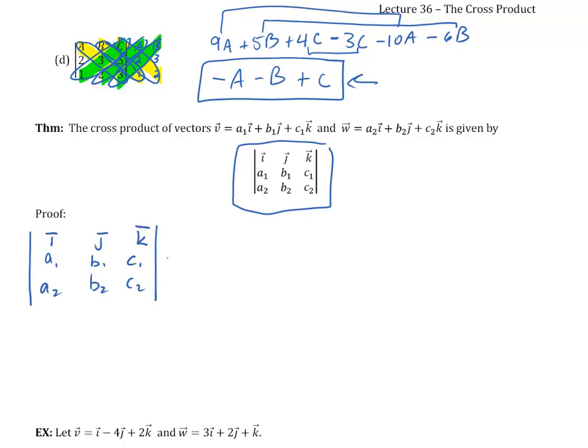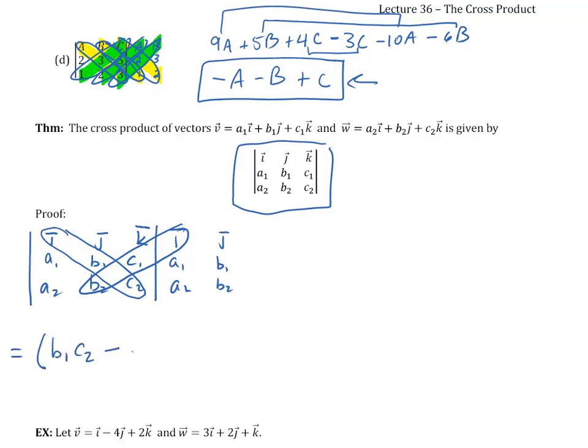So to calculate that, I will rewrite the first two columns, I, A1, A2, and J, B1, B2. So I'm going to come down here and just do this all in one fell swoop. So let's do the forward diagonal of the I minus the back diagonal with the I in it. What does that give me? That gives me a B1 times C2 times the I minus a C1 times the B2, all times the I, right?